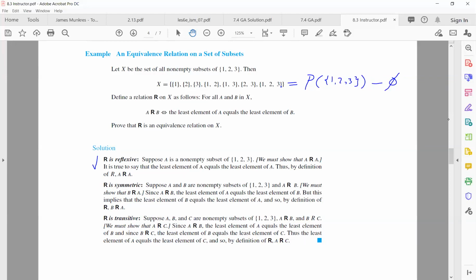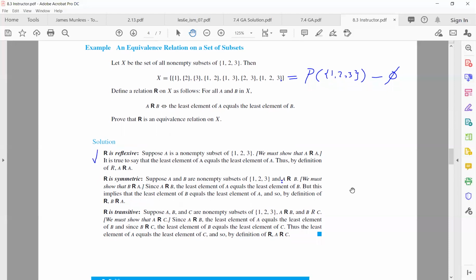Again, suppose we take two different subsets, A and B, from the set {1, 2, 3}, and the least element of A is equal to the least element of B. Okay, it's obvious that the least element of B must be equal to the least element of A. There is no other way.